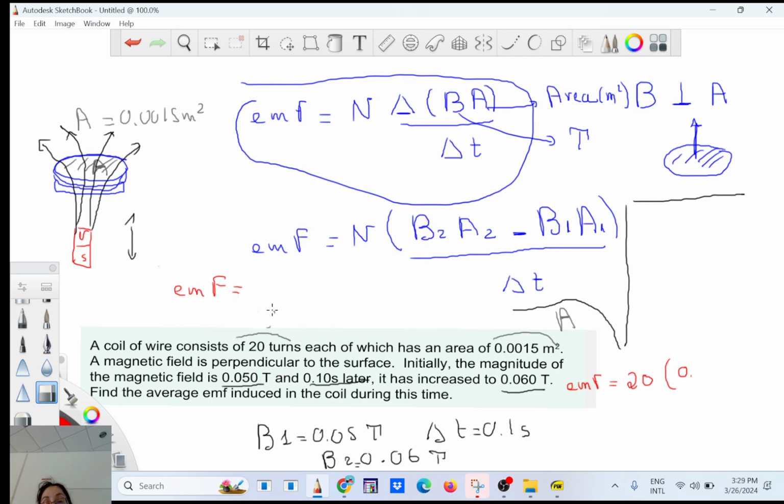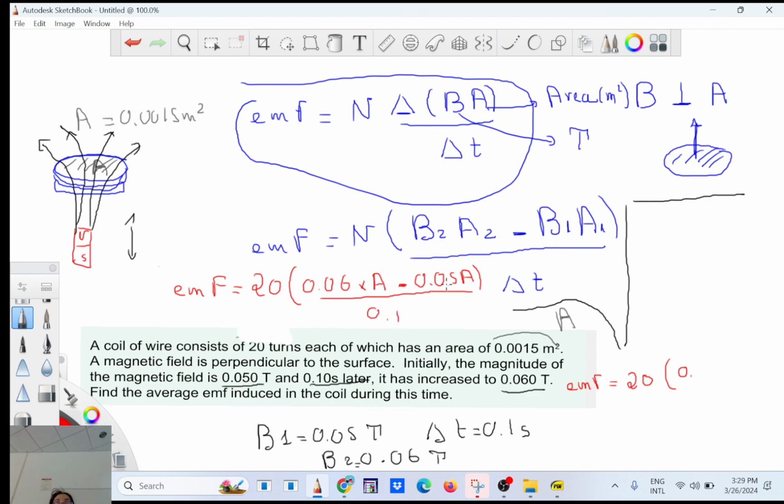Okay, I'm going to write here then. So EMF equals 20 times the magnetic field 0.06 times the area A minus 0.05 times the area, divided by the time elapsed, which is 0.1.